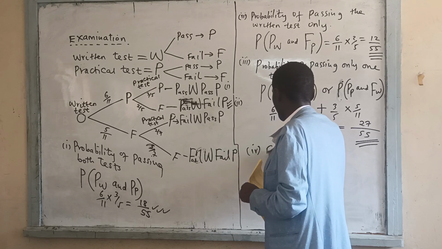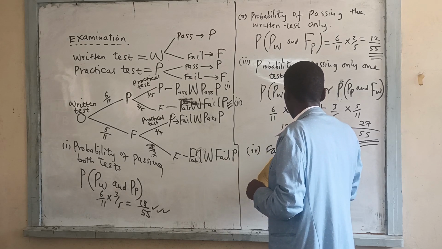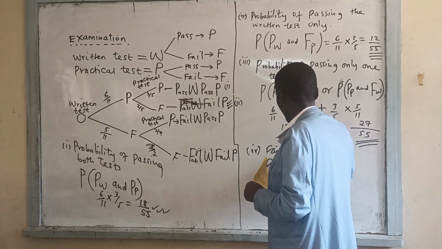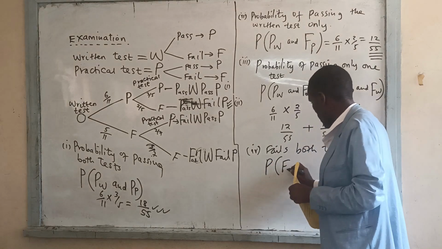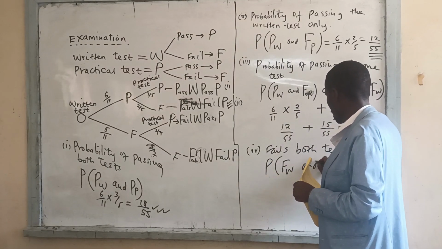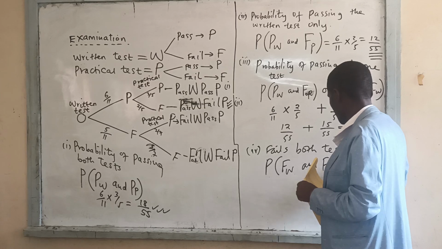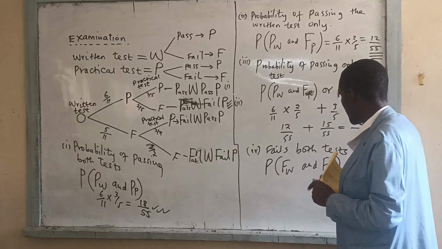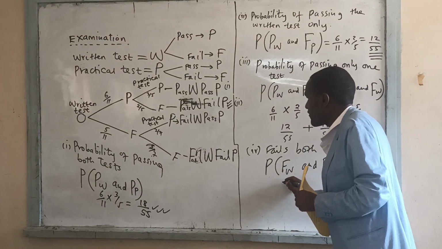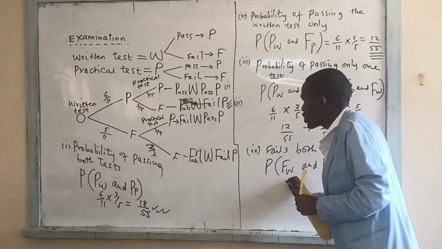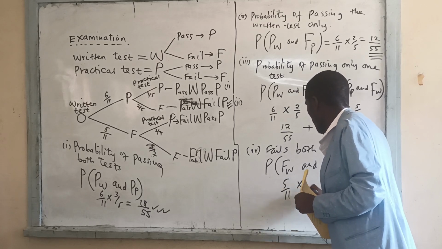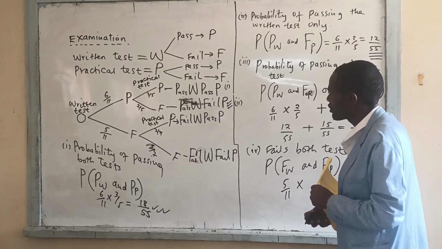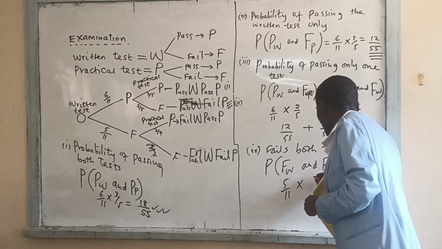The last part says fails both tests. So I'm going to say probability of failing the written test and failing the practical test. You have failed all the tests. So failing the written test, which is 5 over 11, multiplied by failing the practical test, that is 2 over 5.